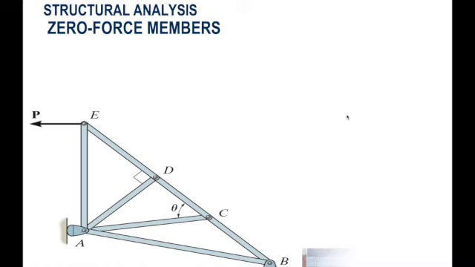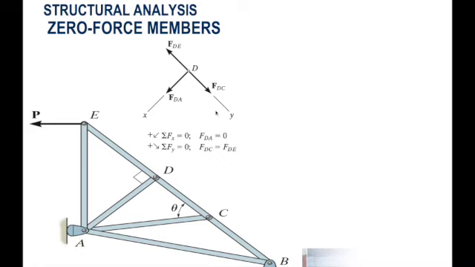Okay, what about joint D? If you do a free body diagram of joint D, since FDE and FDC are collinear, for the summation of forces in the X, we are shifting axes, okay? So please don't be confused. This is the y-axis, this is the x-axis.